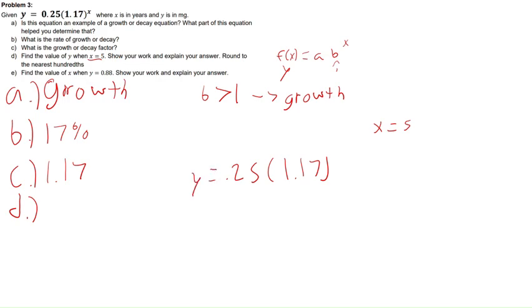Now if we solve for that, 1.17 to the 5th power is 2.19. If we multiply that by 2.25, y ends up equaling 4.93. So that's what we're going to put there.